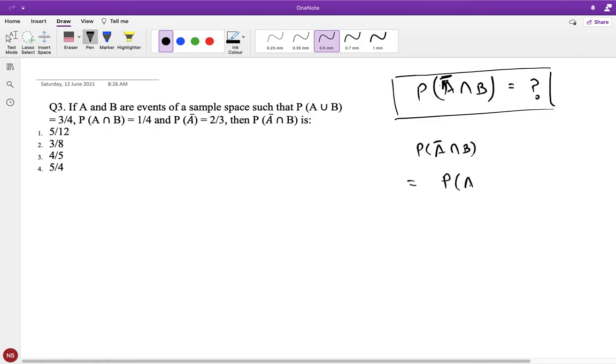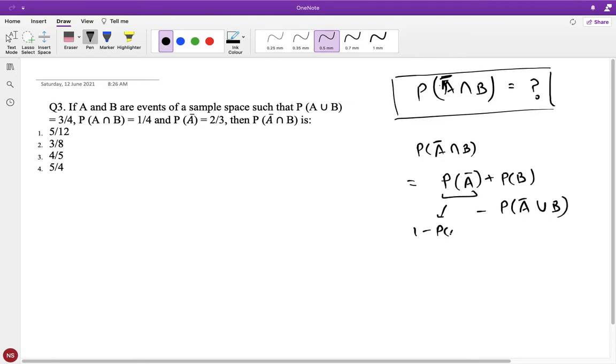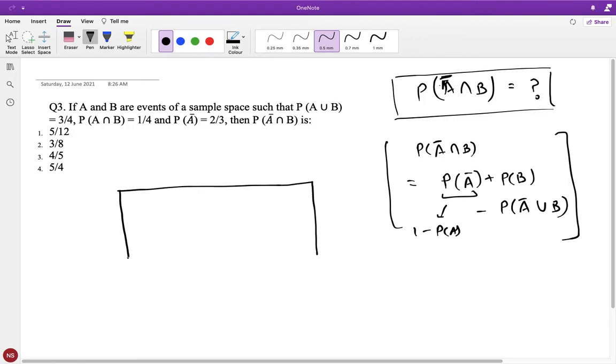P of A bar plus P of B minus P of A bar union B, then you can write this as 1 minus PA, and then do something similar for this. So that will consume a lot of time, and solving these problems in terms of a diagram is always desirable and is much easier.